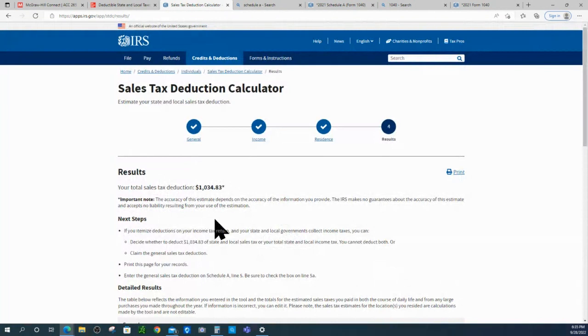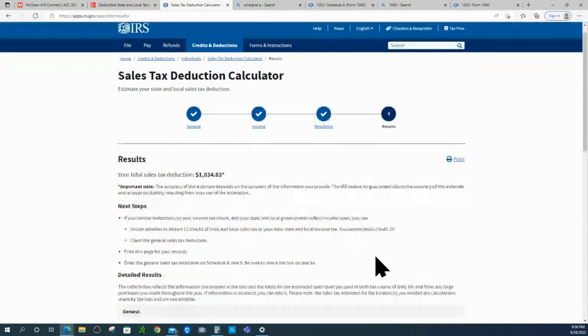Your total sales tax deduction is $1,034.83. So it does the calculation for you. It's an estimate, obviously. You can deduct, if you itemize deductions on your income tax return and your state and local governments collect income taxes, you can decide whether to deduct $1,035 for sales tax, or claim your income taxes paid.